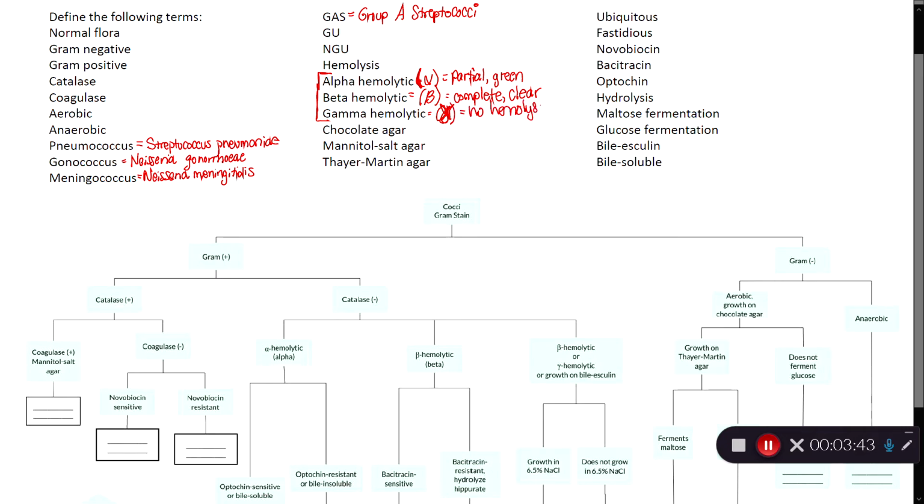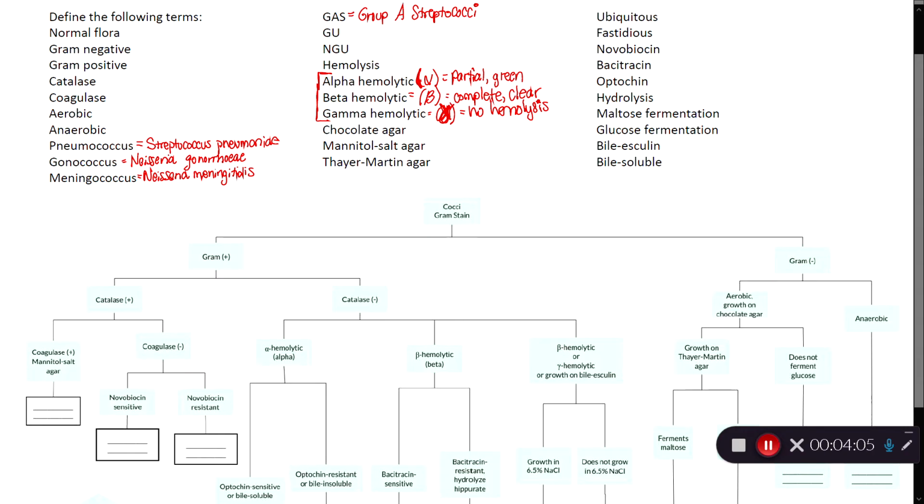It's just like, well, we have a category for partial and complete. We might as well give no hemolysis a name too and not leave those guys out. So this is gamma hemolysis. It just means there's no hemolysis happening. So typically with the ones that are beta hemolytic, that usually means they have some sort of enzyme that can help the bacteria lyse these red blood cells.